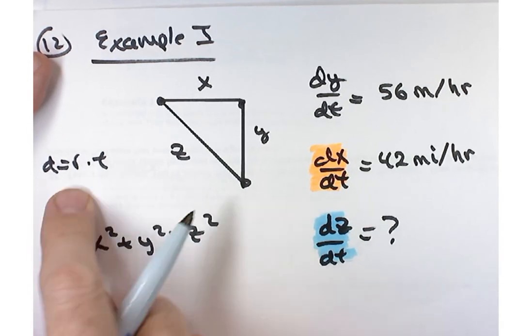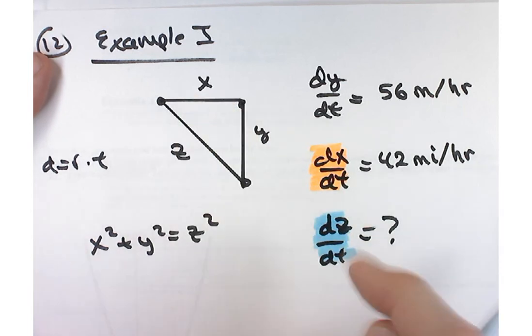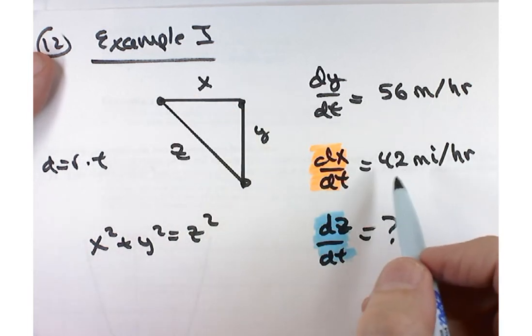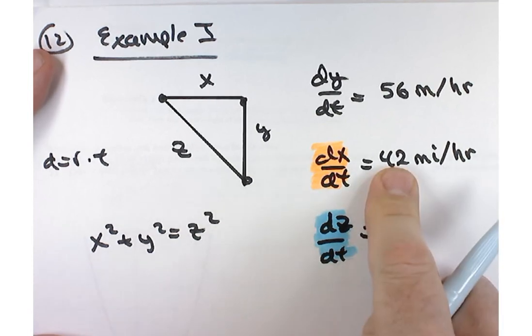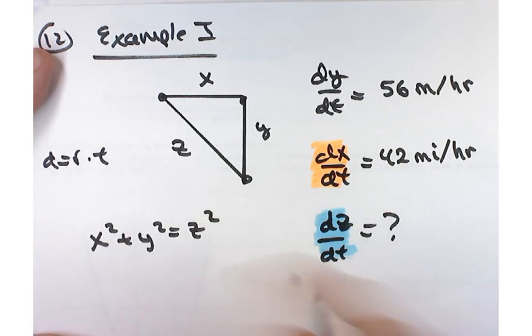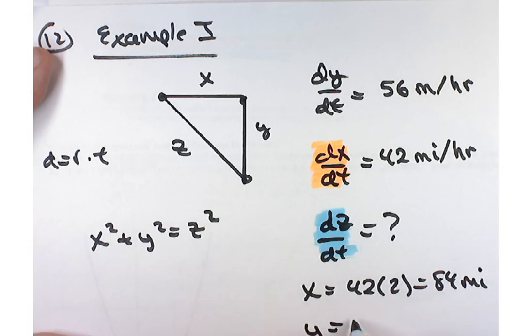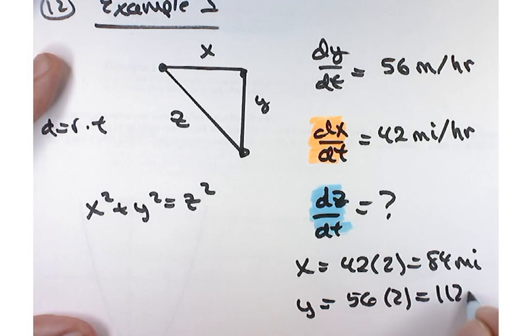And in the case of x, dx by dt, that's going to be 42 miles per hour times 2 hours. So x equals 42 times 2, which is 84 miles. Y is going to be 56 times 2, or 112 miles.